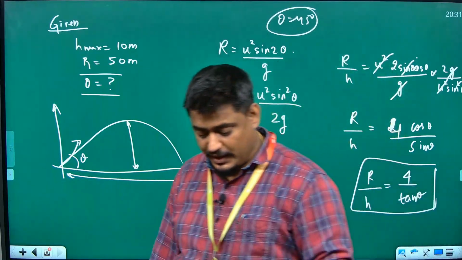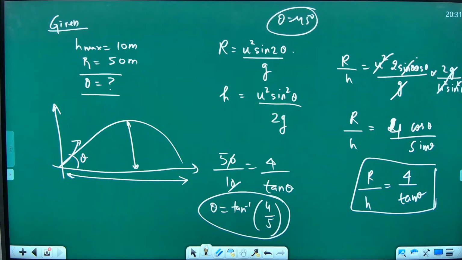Interesting question. Solve properly. A boy stands at 39.2 meters from a building and throws a ball which just passes through a window 19.6 meters above the ground.